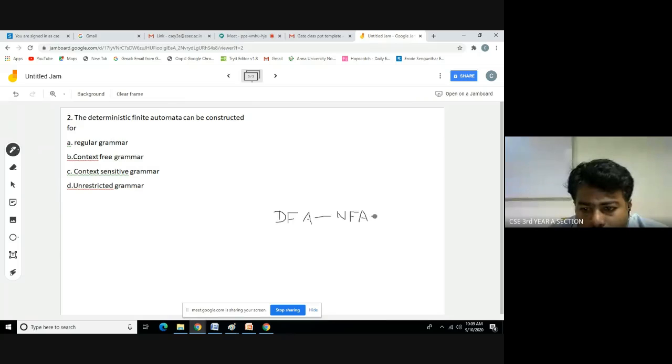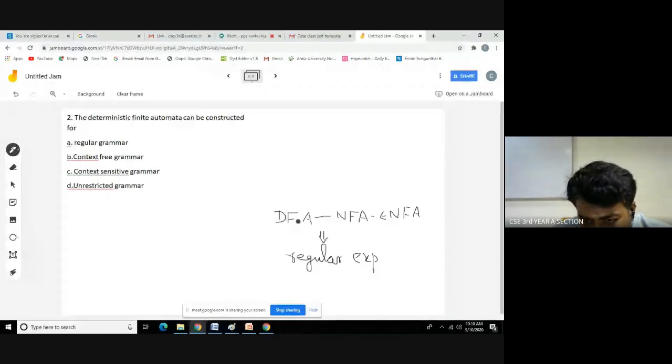How are these types of finite automata constructed? Every finite automaton can be constructed using regular expressions. Using regular expressions, I can construct DFA, NFA, and epsilon NFA, that is deterministic finite automata, non-deterministic finite automata, and epsilon non-deterministic finite automata.